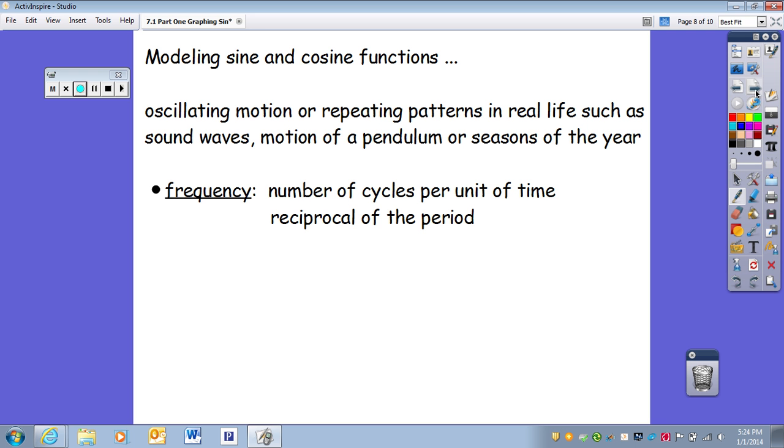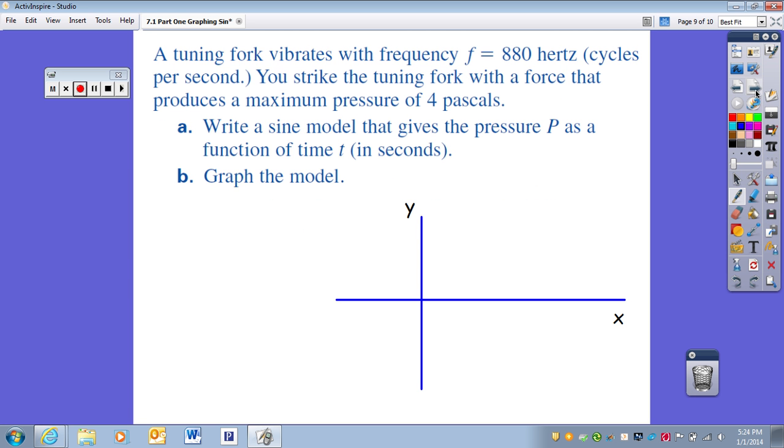The oscillating motion or repeating patterns in real life, such as sound waves, the motion of a pendulum, seasons of the year, etc., are the ways that we can model sine and cosine functions in real life. Now, the word frequency is the number of cycles per unit of time, and that happens to be the reciprocal of the period. So let's take a look at an example.